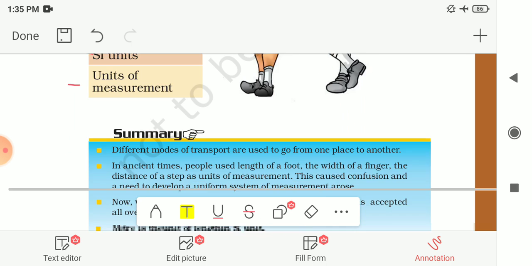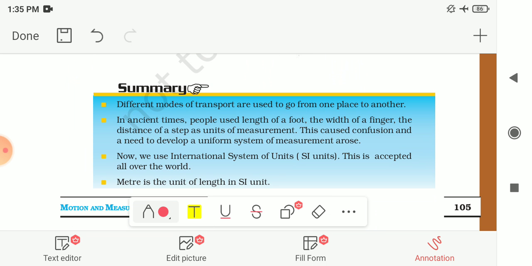Now let me see the summary of this chapter. In this chapter we saw that different modes of transport are used to go from one place to another. In ancient times people used the length of a foot, the width of a finger, and the distance of a step as units of measurement, and this caused confusion and a need to develop a uniform system of measurement arose.